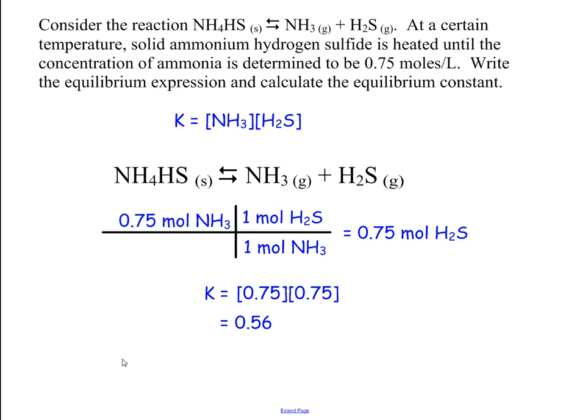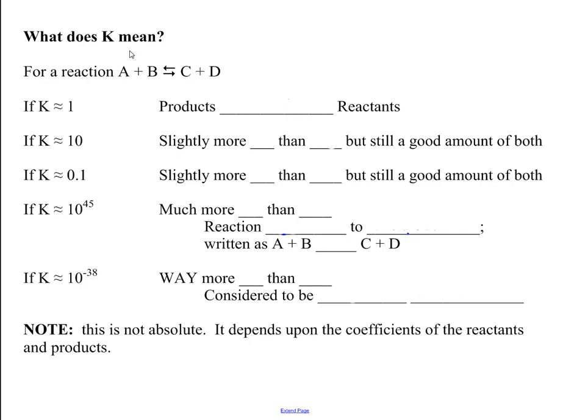All right, we're going to finish up today with what does the equilibrium constant mean? So here's my reaction. If K is in the 1 range, then we have about the same number of products and reactants.